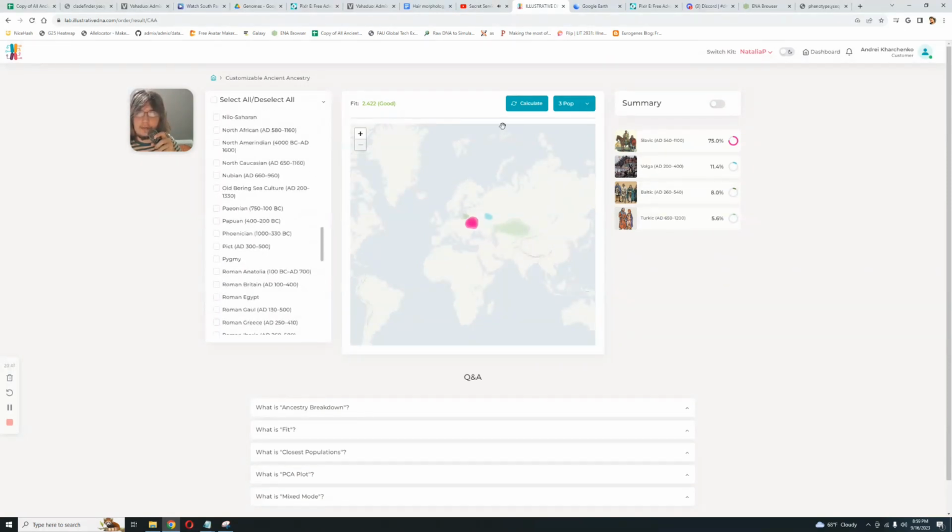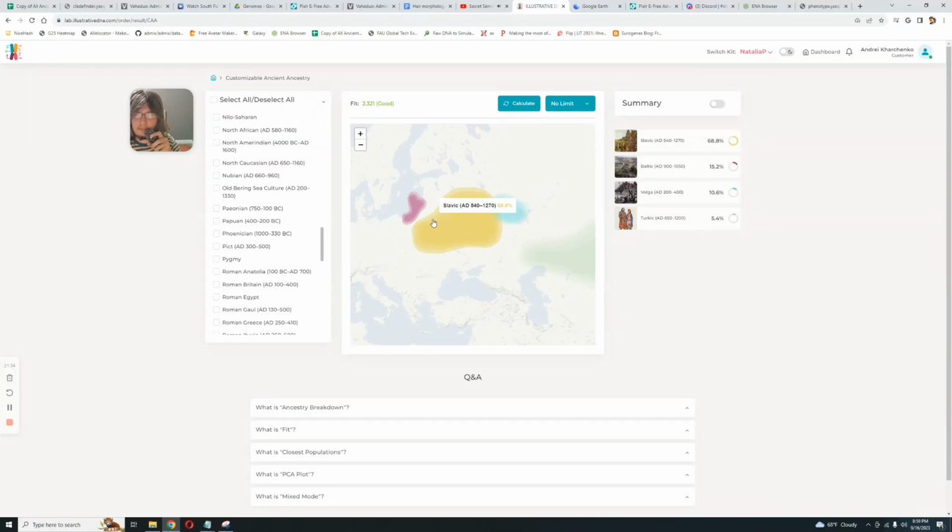I think that's all that's relevant to her. And she's getting modeled as a mixture of 68.8% Slavic, plus 15.2% Baltic, plus 10% Volga, plus 5.4% Turkic. And it's a good fit, so it's a good model for her.